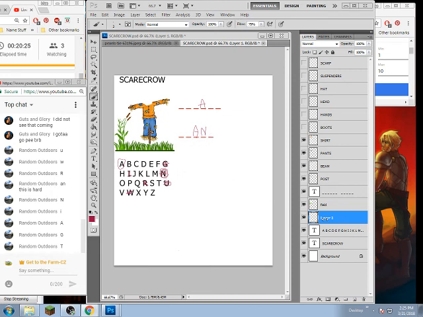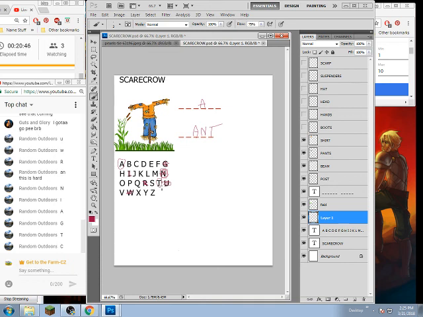A letter T. Yes, there is a letter T. T. No C. Boots.